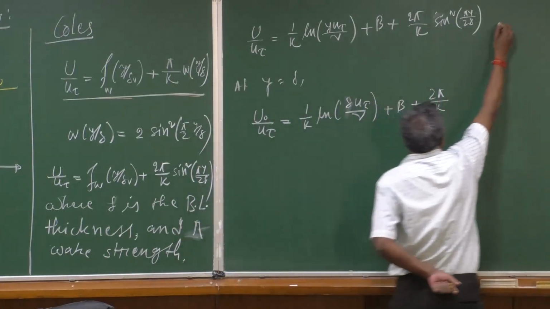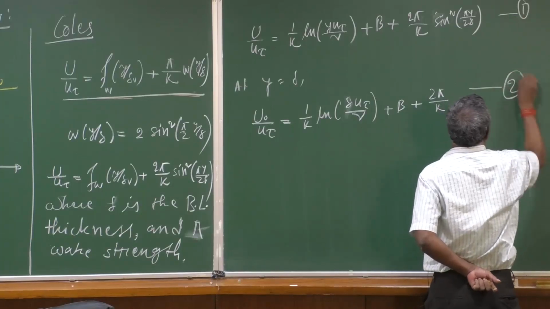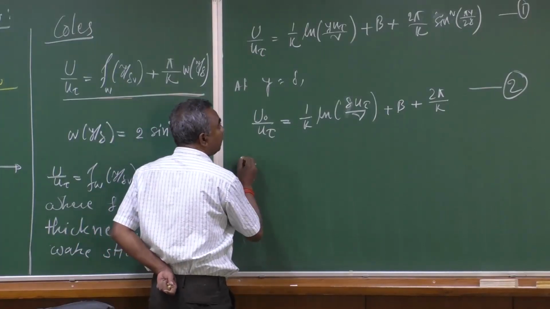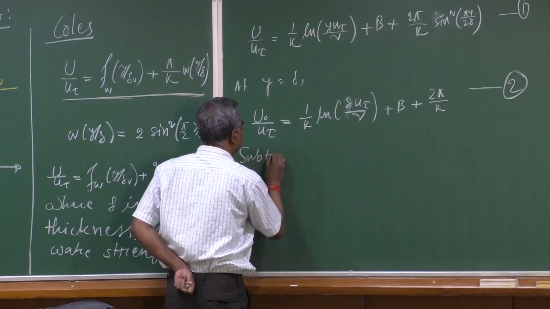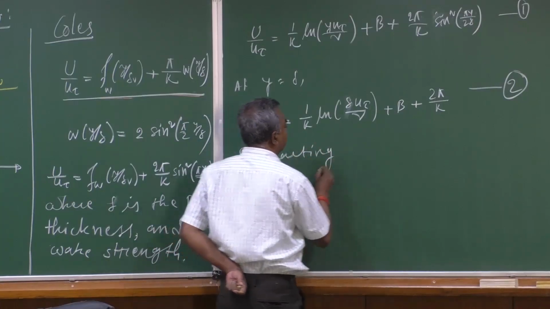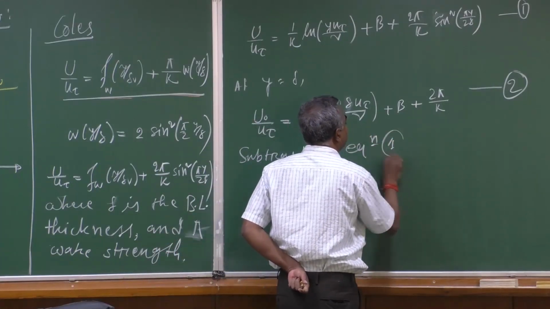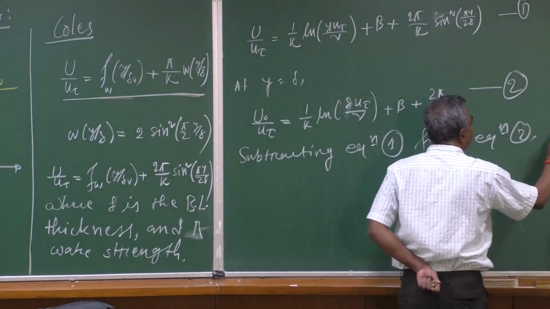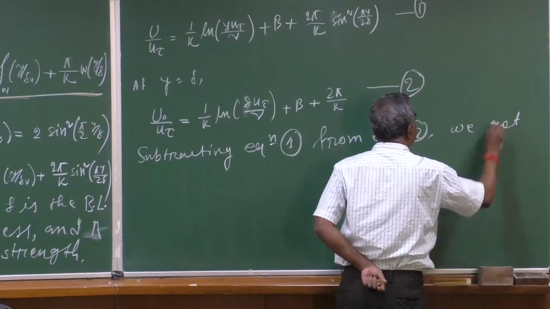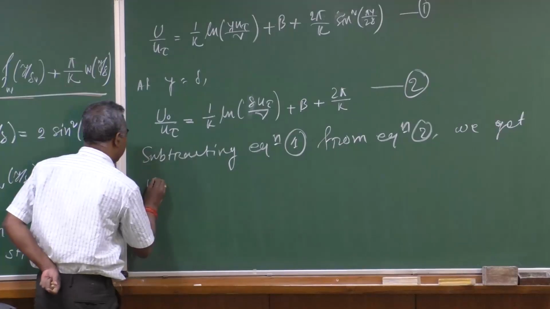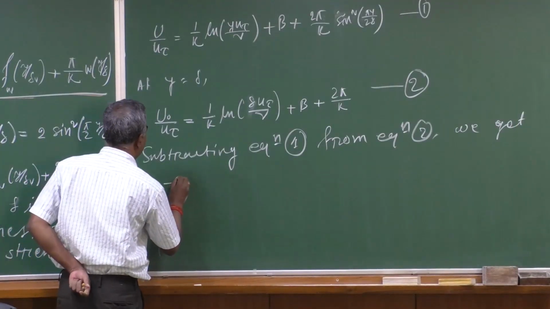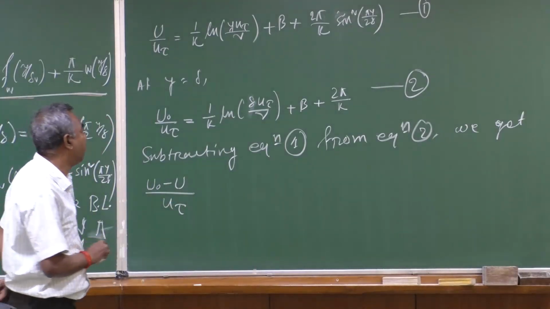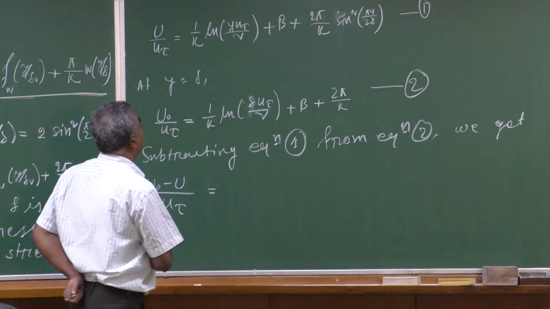So, let us say this is your equation 1 and this is your equation 2, then if you subtract 2 minus 1, subtracting equation 1 from equation 2, we get u naught minus u over u tau, that is the velocity defect we have defined earlier, if you may remember.